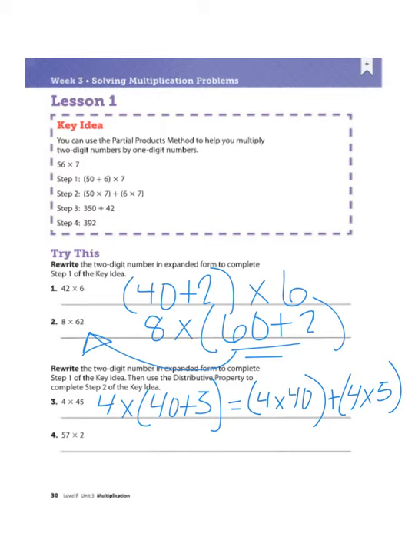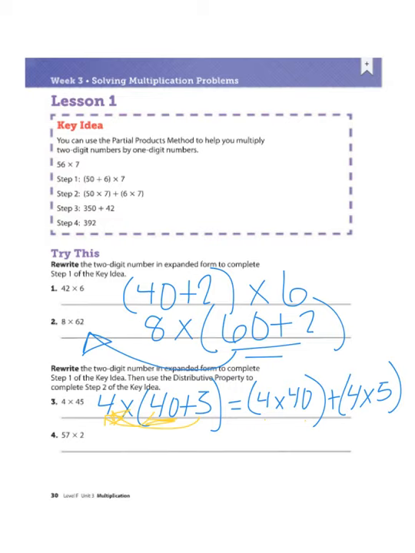Okay, where did I get that? Well, my 4 times 40, let me use a different color. I took my 40 right here, multiplied it by 4, and then I took my 5 right here and also multiplied it by 4. So that's the distributive property. Again, no solving. We were just working on step 1 and step 2.